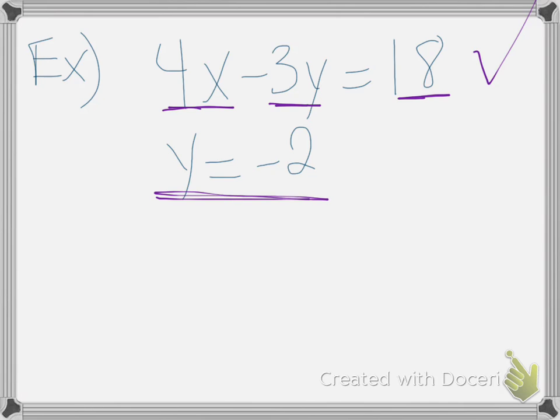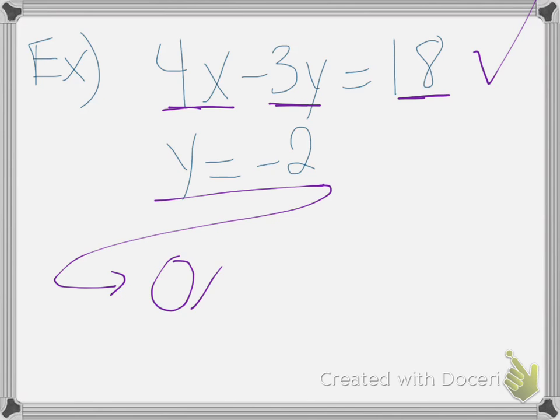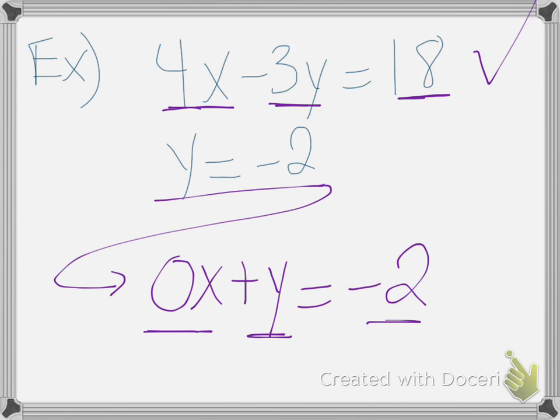This one, if you look, it's a little bit funky. Where is the x? Good question. Do you see an x here? I don't. That means x is 0, which means that you can rewrite this like this. A 0x positive y equals a negative 2. And there's your x first, then the y, then the negative 2.